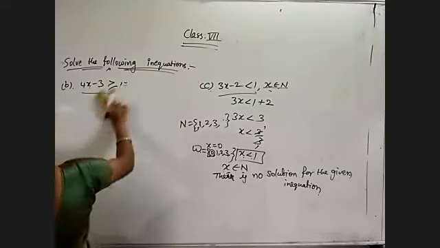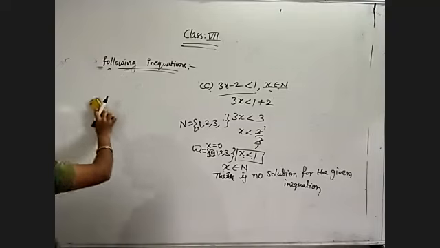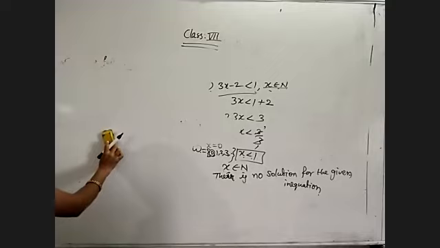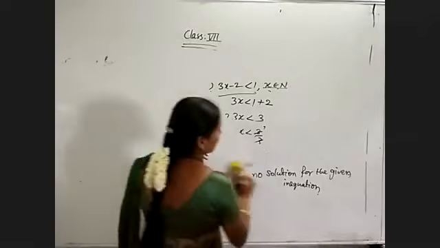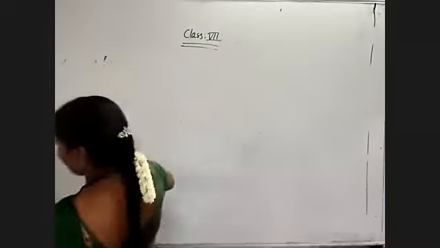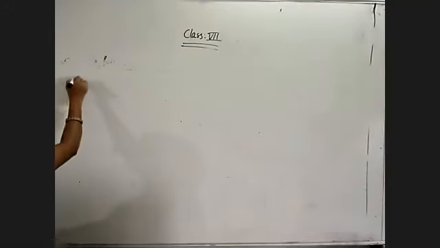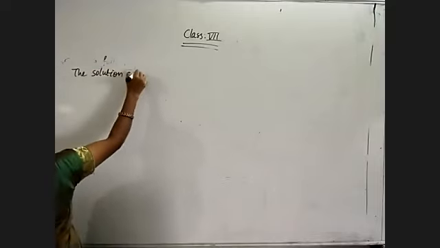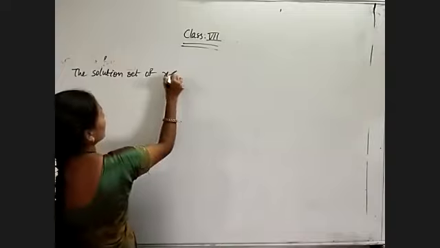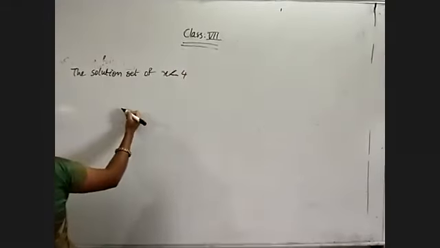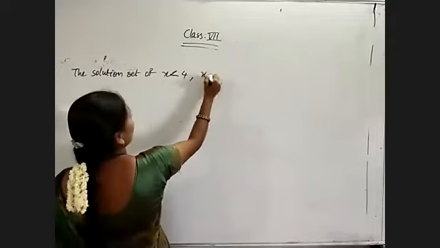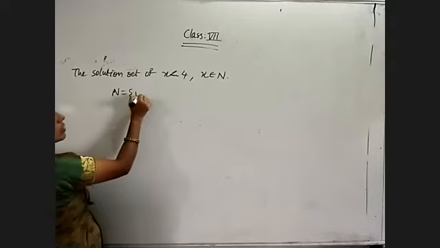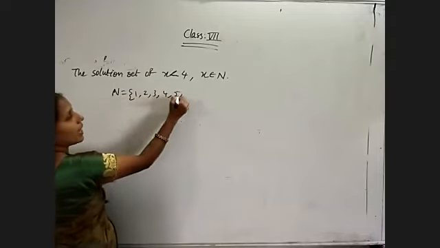Now coming to one more inequation. One question I am giving: the solution set of x is lesser than 4, and x belongs to N. Natural numbers start with 1, 2, 3, 4, 5 and so on.